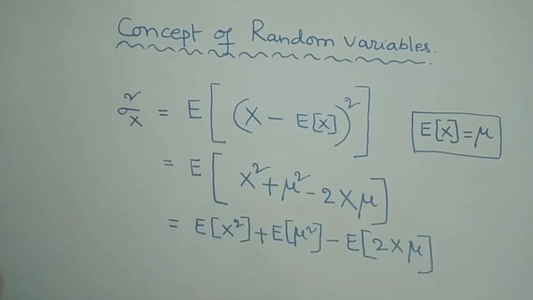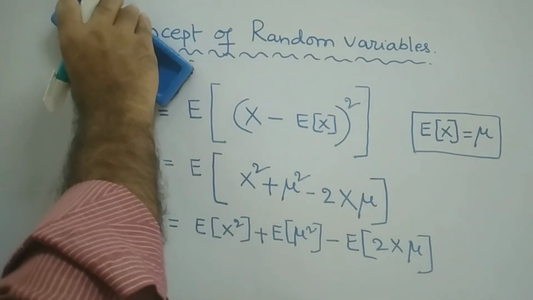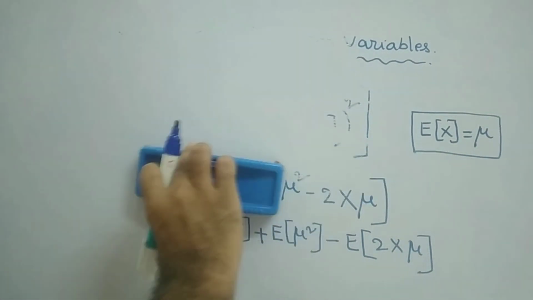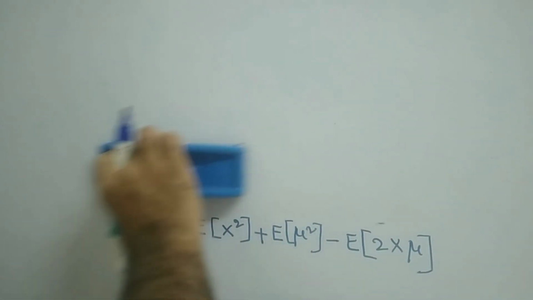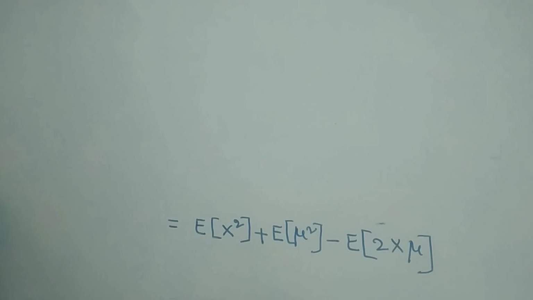Clear? You are getting or not? So what is the next step? It is very simple, nothing to feel difficult here. It's very simple mathematical expansion only. So what is the next step?